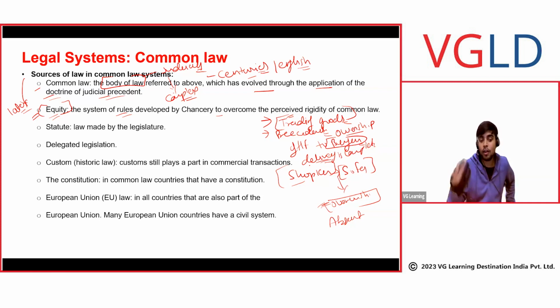The intention of the law was that the person who has bought the goods has actually received the goods in good faith. But here the shopkeeper is using the loophole of the precedent, that once the delivery is complete, it will be considered a complete delivery and my responsibility will be completed. So here the concept of equity came. It says, you cannot misuse the law. Just because a precedent is there, you should not misuse the law on unfair grounds.